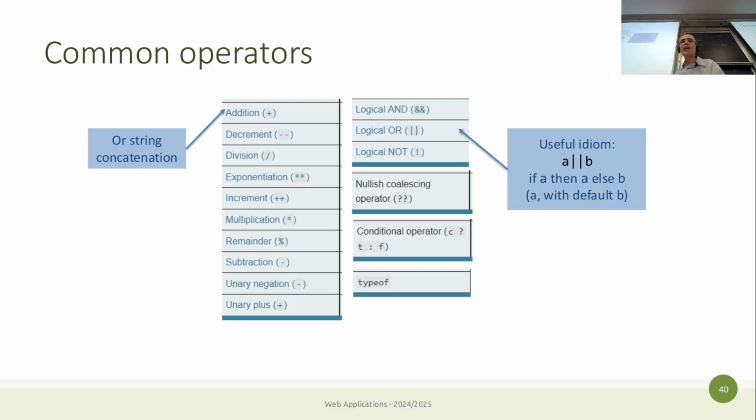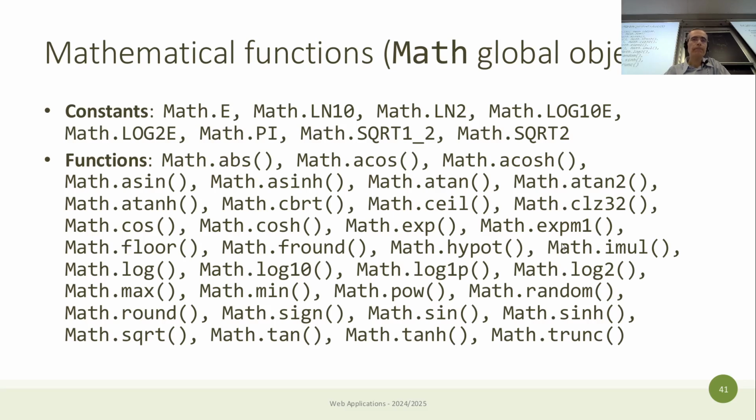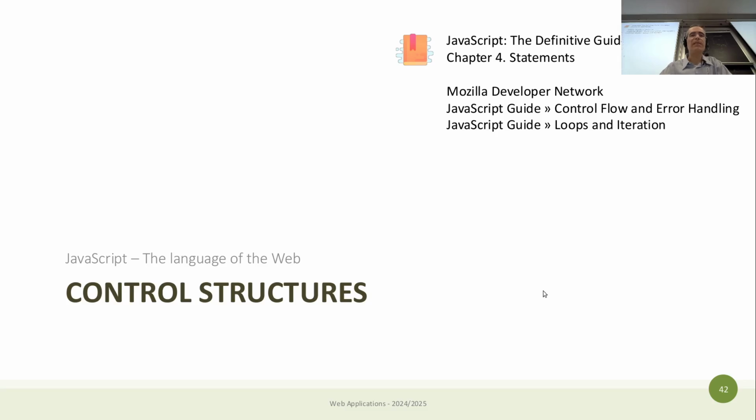This is an idiom which is found very often in JavaScript code, and that's why we point it out. There's another one as well with the and symbol. Well, there's a lot of mathematical functions. We don't really care. Any language has this stuff.